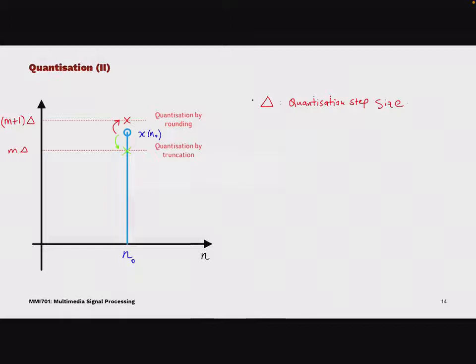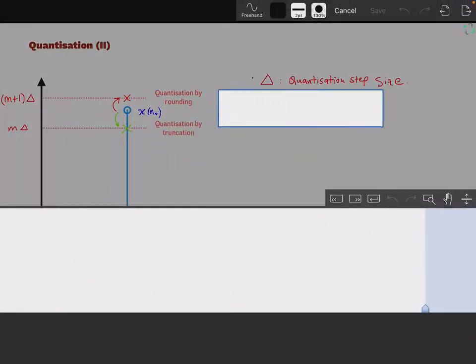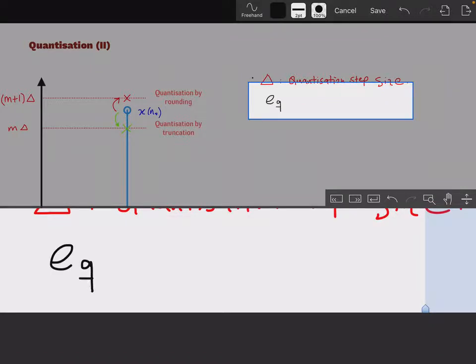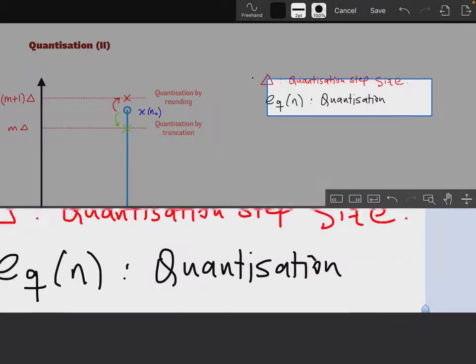Now, one thing that you should observe is that quantization results in an error, which is called quantization error. So let's write it down here as E sub q of n, that is quantization error.